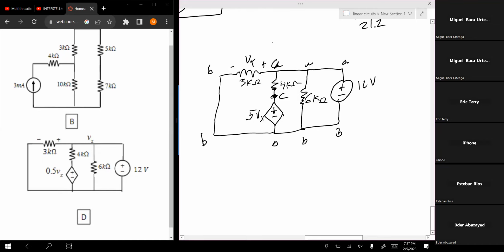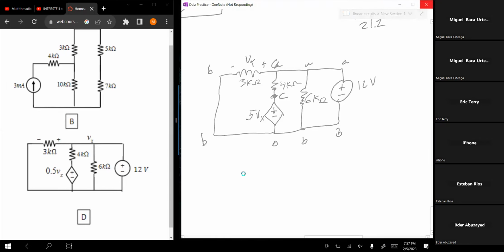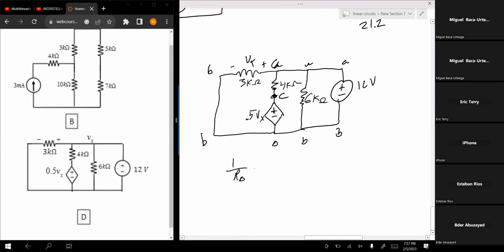If we look, I'm going to combine both of these. So I'm going to have 1 over R. Wait, actually, wouldn't they be in parallel? Yeah, that's what I said, they're in parallel. Oh, I thought you said series. My bad. Well, if I said series, I meant parallel.